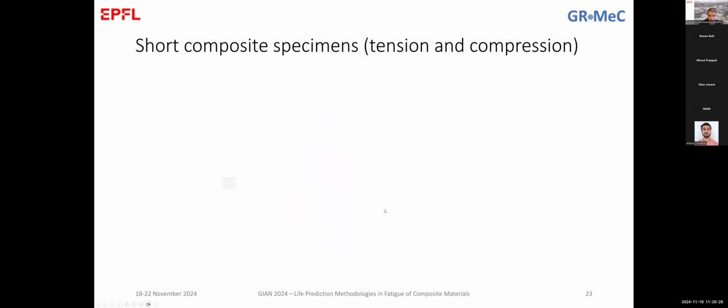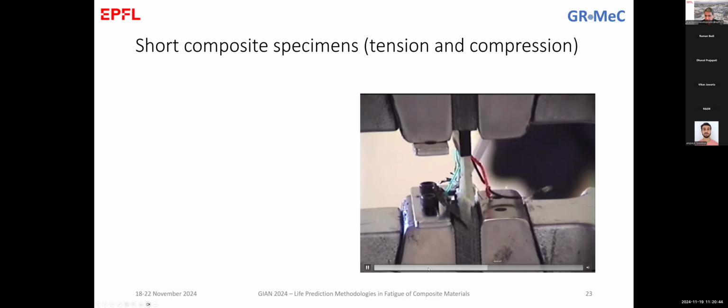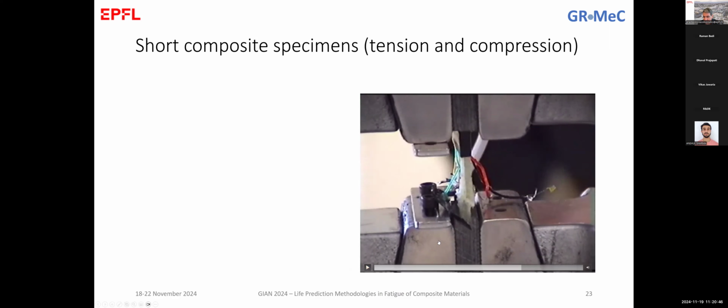This specimen has mainly been introduced for compression. And here I will show you compression results of this specimen, proving that the testing is valid, because you see that the failure is a compressive failure at 45 degrees. And this is exactly the way that a compressive failure should be when we don't have buckling.